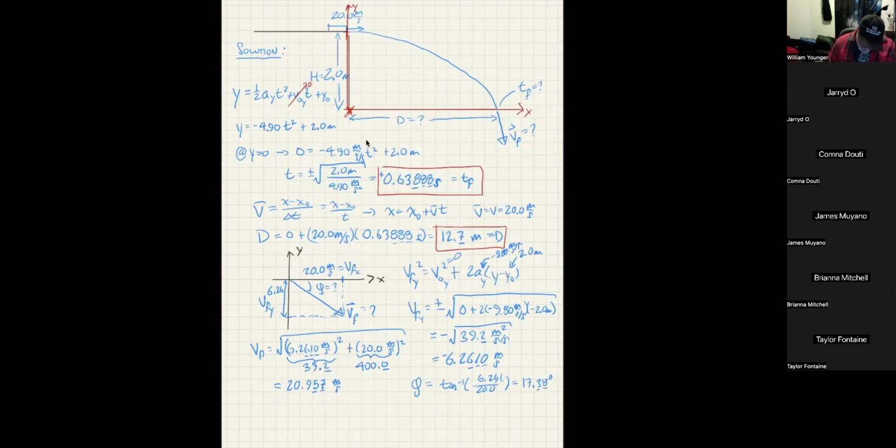So my final velocity, VF, is equal to basically I can call this 21.0 meters per second at, notice I measured that phi clockwise, in other words, downward from the positive x-axis.